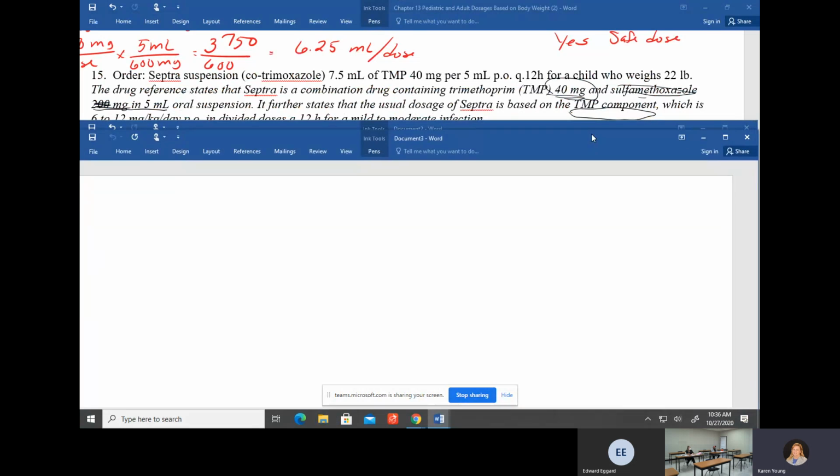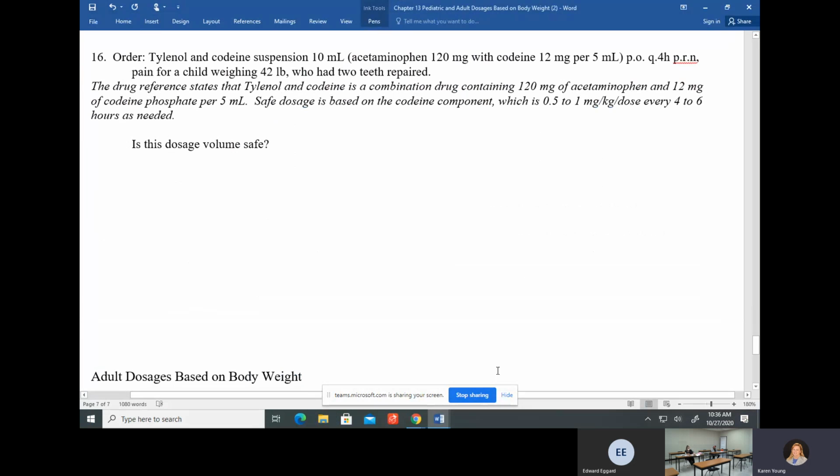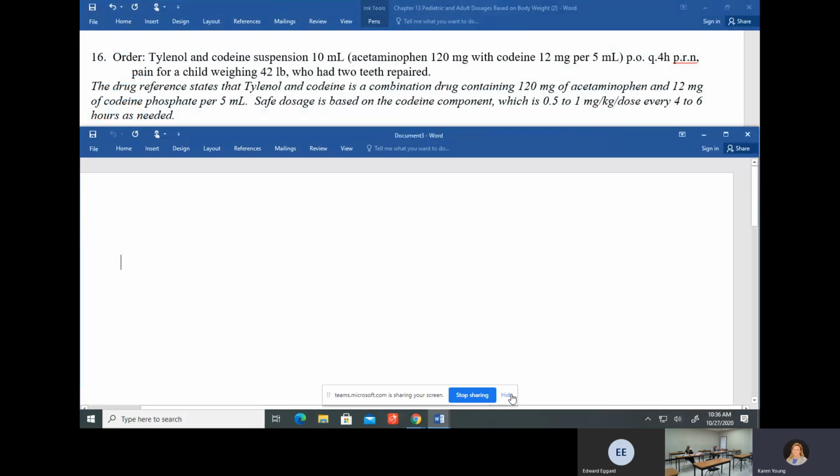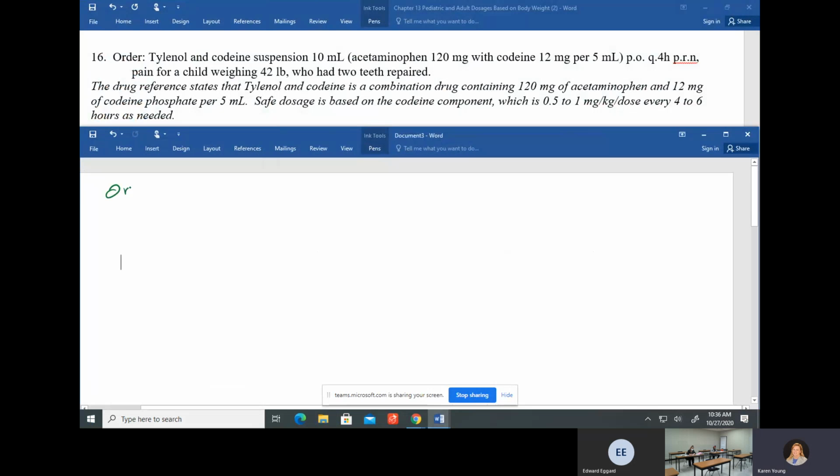So let's look at the next problem. I have an order for Tylenol and codeine suspension. It's Tylenol 3. And the doctor's ordered 10 milliliters. So down here, I'll put my order in green. He's ordered 10 milliliters.